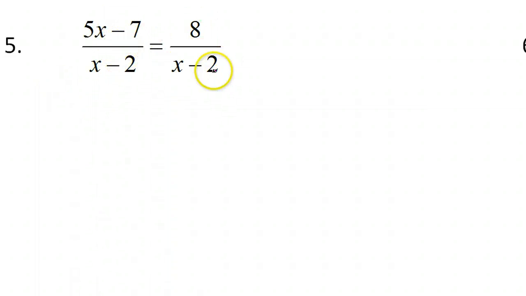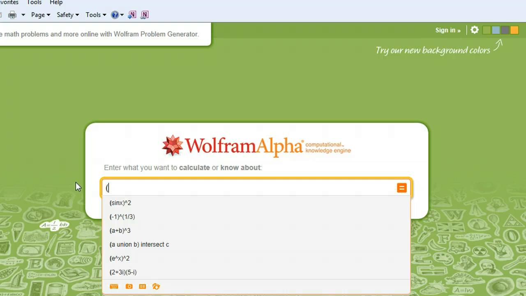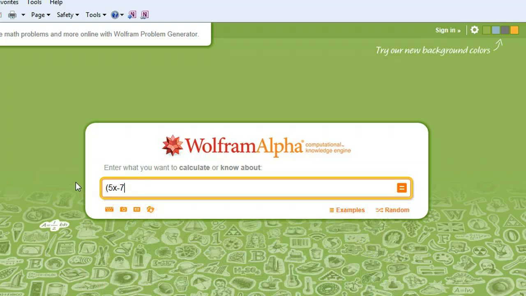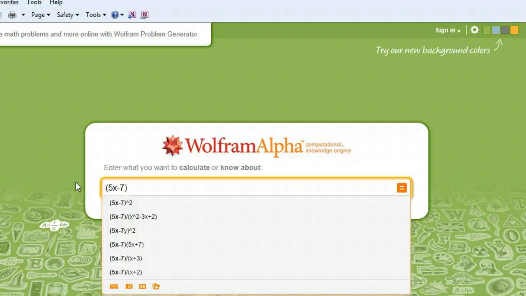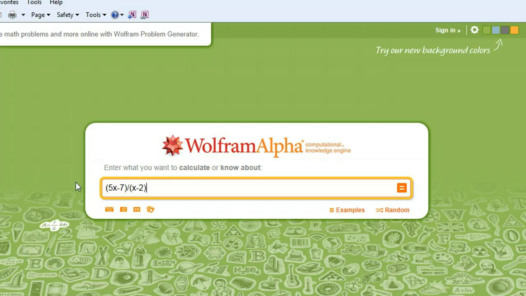There's no fraction mode for Wolfram Alpha. So what you have to do is put everything on one line. So if I want to do 5x minus 7 over x minus 2, I have to type it in this way with parentheses: open parentheses, 5x minus 7, close parentheses, and then divided by open parentheses, x minus 2, close parentheses.